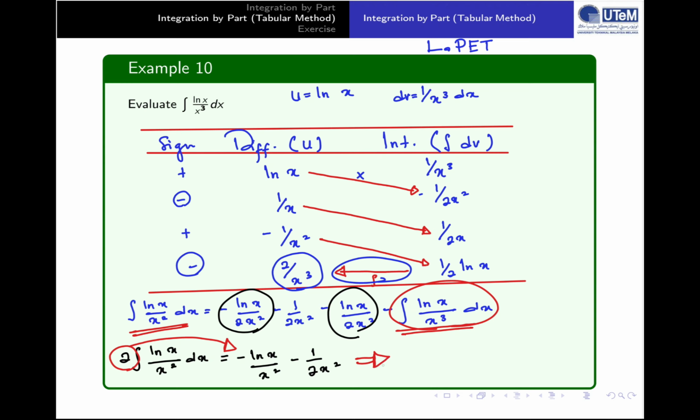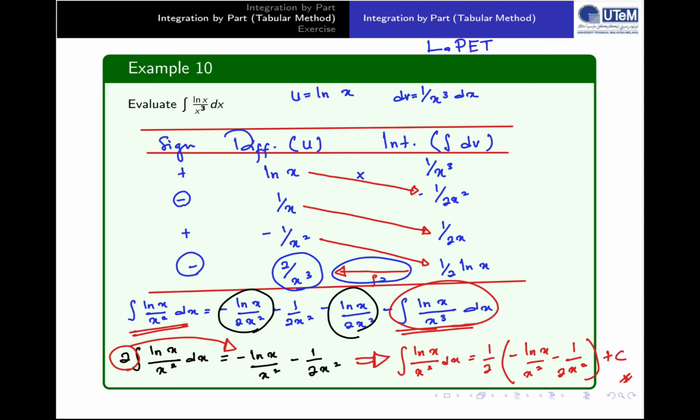Therefore it becomes integrations of ln x over x cubed dx equal to 1 over 2 in the bracket negative ln x over x squared minus 1 over 2x squared plus c. So that is the answer for example 10.